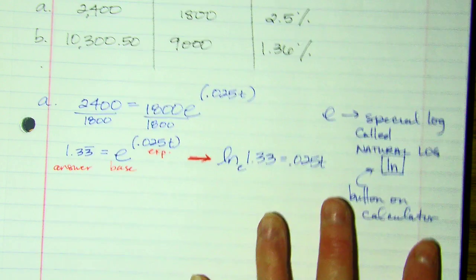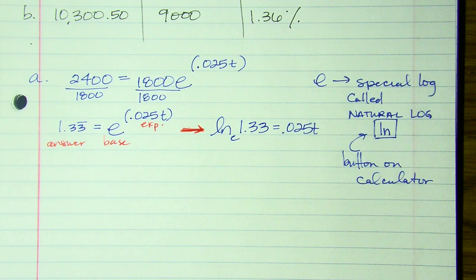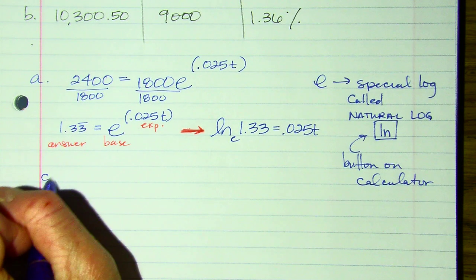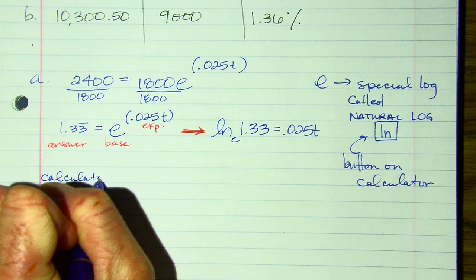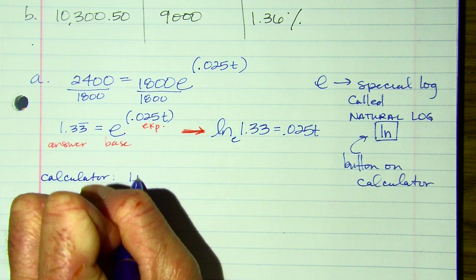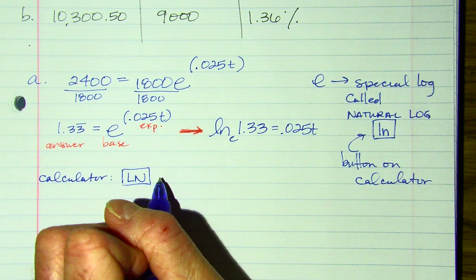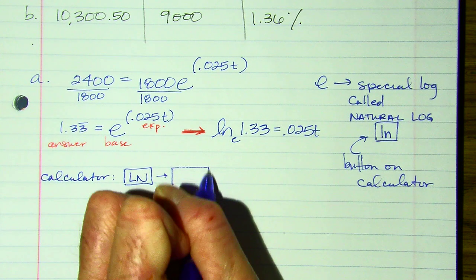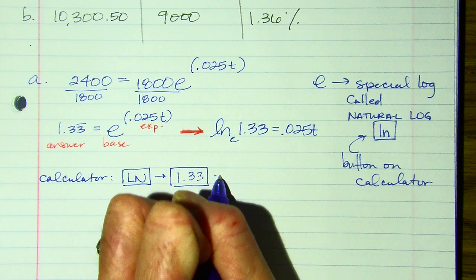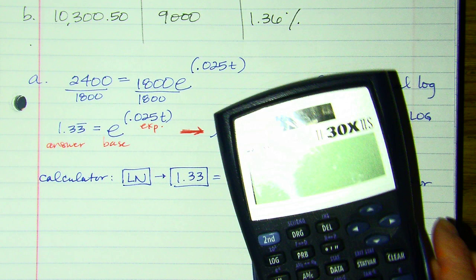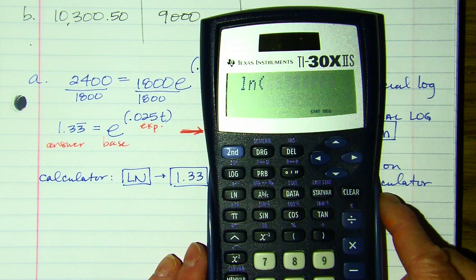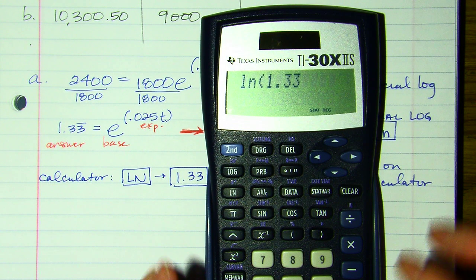Now I know this looks hard, but I promise it's all about buttons on your calculator. So in your calculator, hit ln, then hit 1.33. So calculator, ln, 1.33. Record.